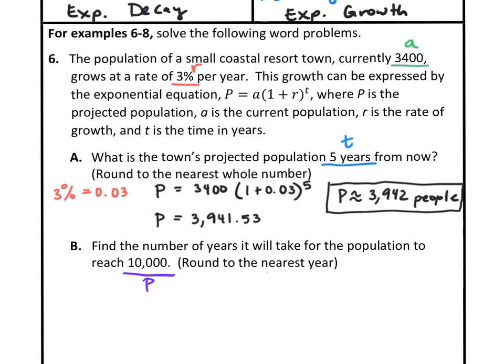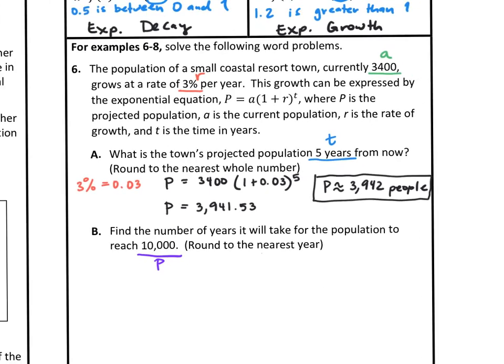It represents P. So I'm going to plug in everything that I have. But let me write the equation one more time. This is the equation that we're working with, right? And I have P, I have A, which is 3400, I have R, which is 0.03, and the question is find the number of years. So I want to find T.